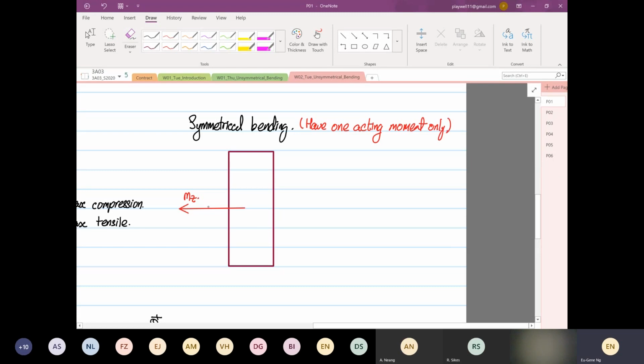Okay, so again, if we were to call the points alpha, beta, I, and J, we will have moment about Z. So you have stress alpha, then you have stress beta, stress I, and stress J, and then on top you will have MZ compression, and then you will have MZ in tension.